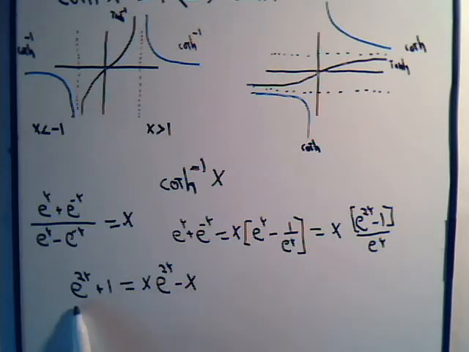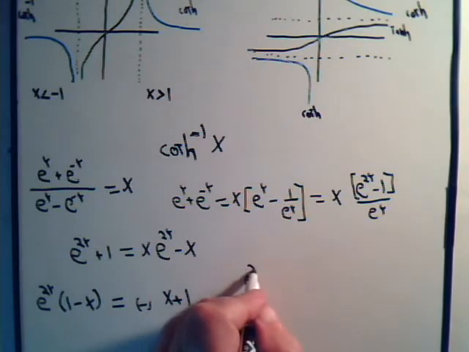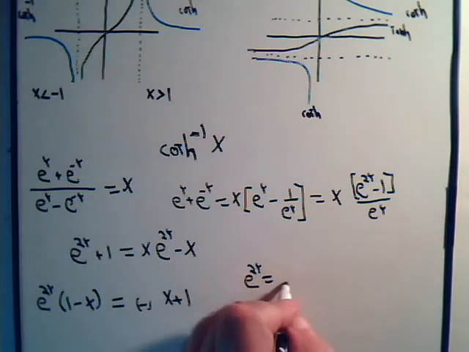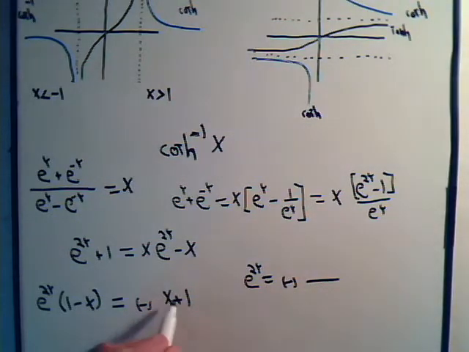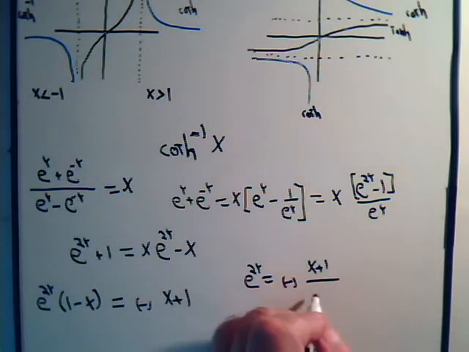So let's bring this over to here, and we will have e to the 2y times 1 minus x will equal, and we'll take this over here, that will be minus 1, minus x, we can say minus x plus 1, or e to the 2y will equal minus x plus 1 divided by 1 minus x.